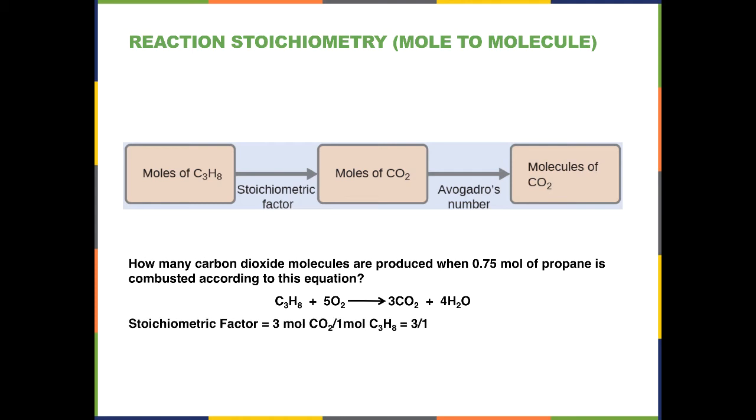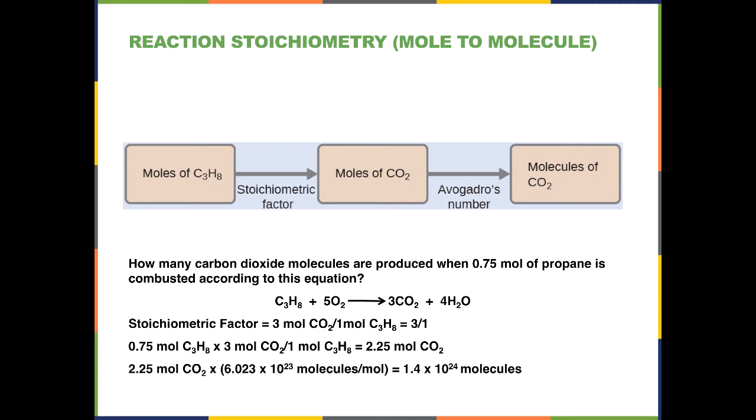This is first the stoichiometric factor, which is 3 over 1, 3 carbon dioxides for 1 propane, which comes from your balanced equation. Then you take 0.75 times 3, that tells you the moles of carbon dioxide. Then you multiply, which is 2.25, then you multiply that by Avogadro's number, and it tells you that you have 1.4 times 10 to the 24th molecules of carbon dioxide.